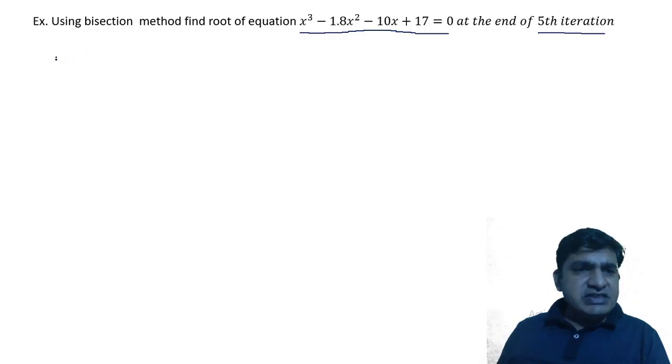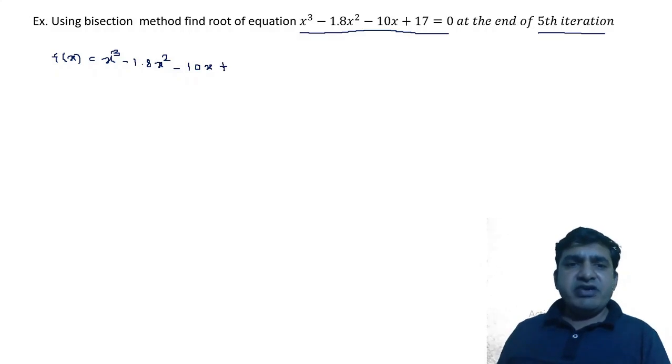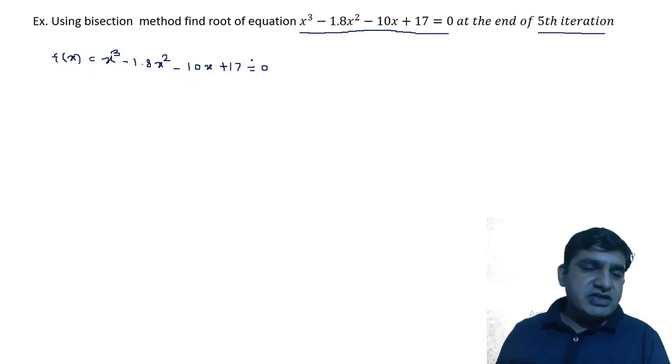So the function is f of x, and this f of x is equal to x cube minus 1.8 x square minus 10x plus 17, equal to 0. This is the function.